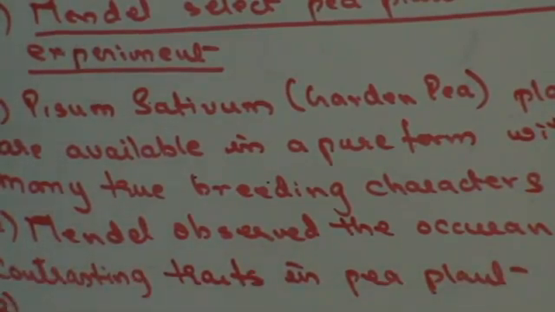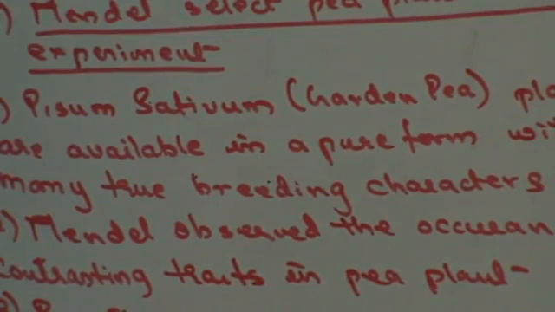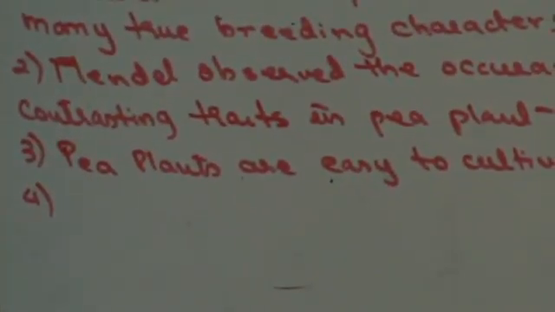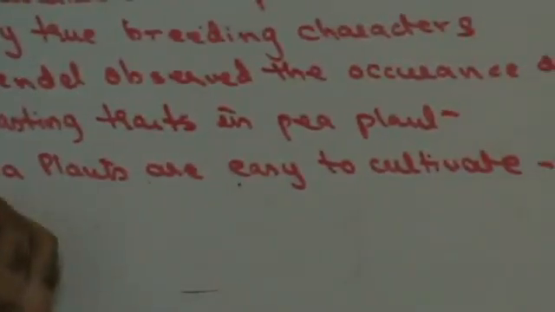Then the third reason why he selected pea plant, because pea plants are easy to cultivate. Right? Next, the life cycle of pea plants is few months. Again, one of the characteristics, 3 or 4 months you can finish its life cycle.